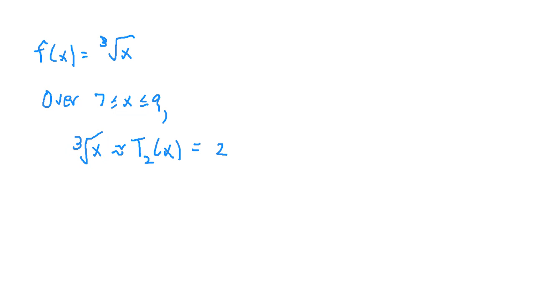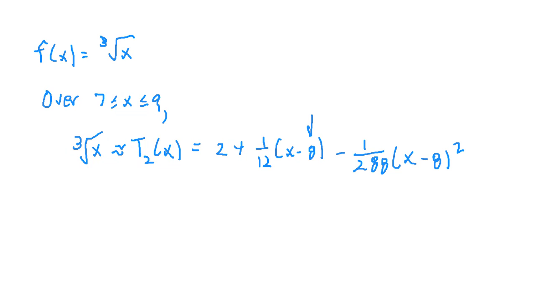And we found that to be 2 plus 1/12 times (x minus 8) minus 1/288 times (x minus 8) squared. The a that we used was 8.